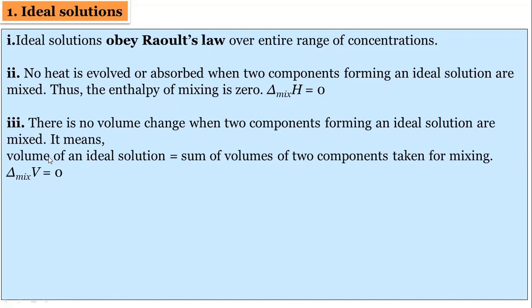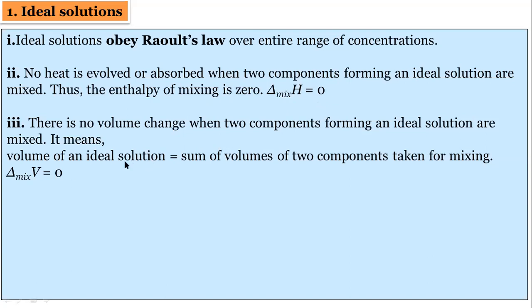And the third statement is there is no volume change. It means volume does not change when the two components forming an ideal solution are mixed. So delta V of mixing is also 0, delta H of mixing is also 0. These are some hints to identify the ideal solution.